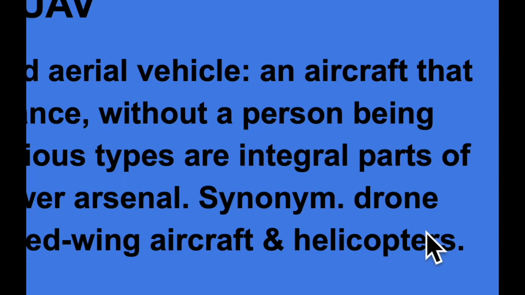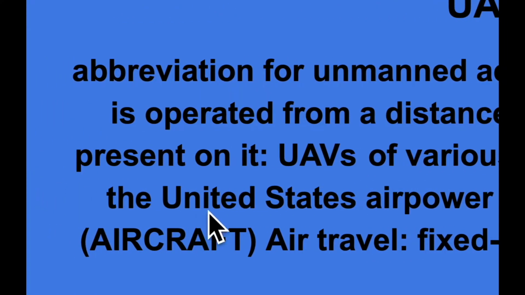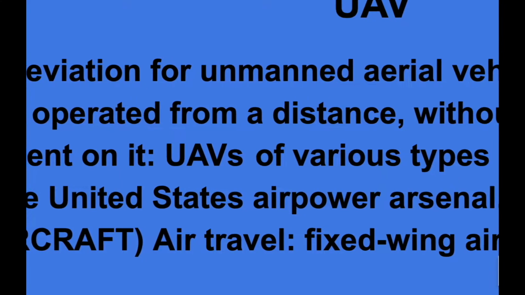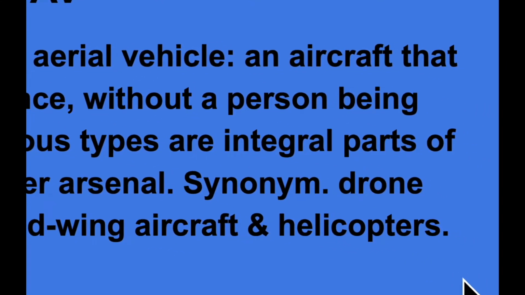This is the definition, and it also gives the synonyms, which we consider a drone, an aircraft, air travel, fixed wing aircraft, which is what I was saying before, a multi-copter type of situation, and a helicopter, different things like that.